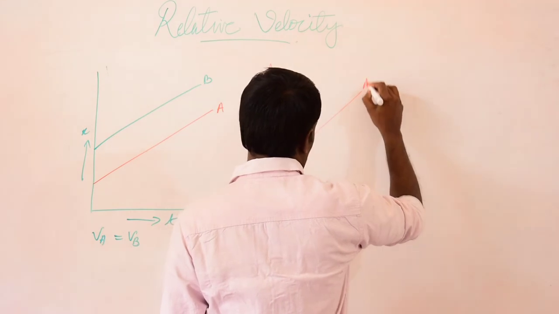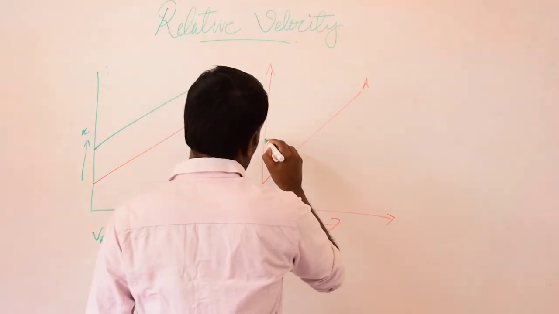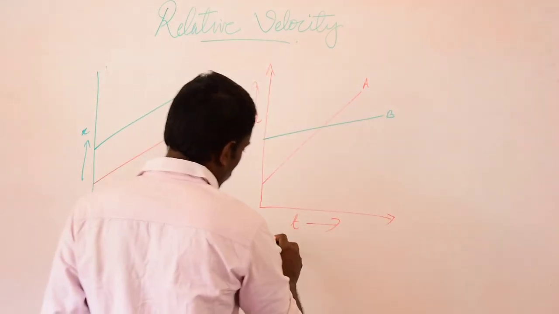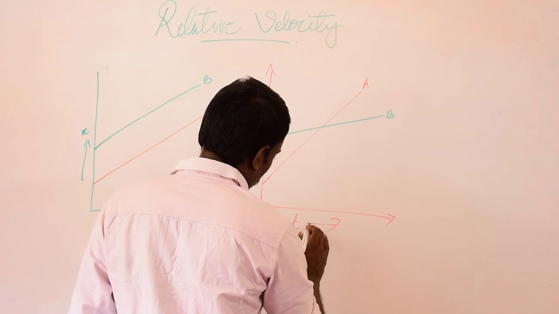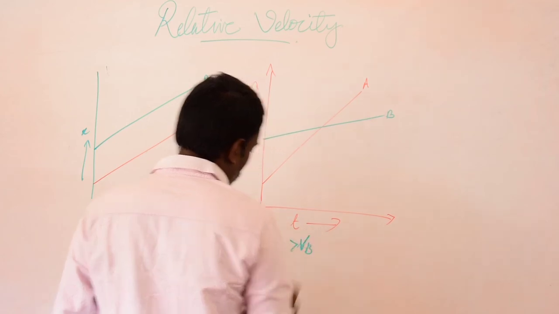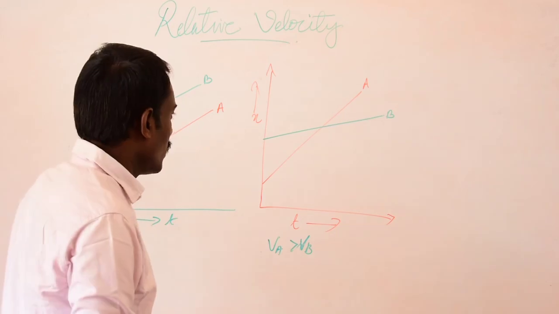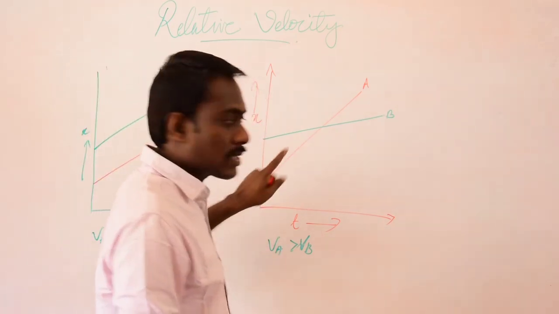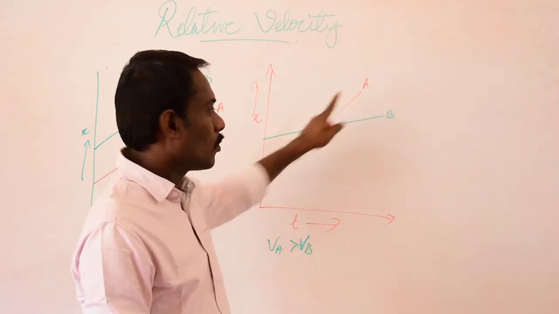For example, this is the graph of A, and this is the graph of B. The condition is that vA is greater than vB: the velocity of vehicle A is greater than the velocity of vehicle B. As we discussed before, a steeper graph means more velocity.